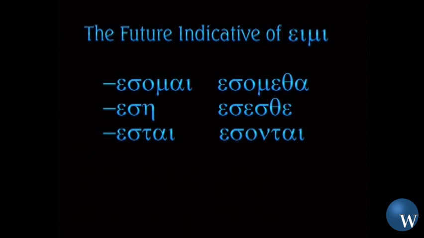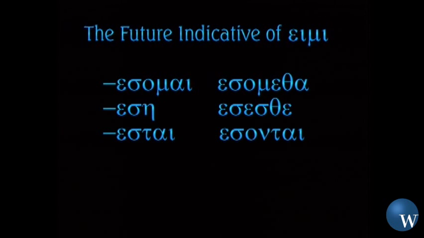Now, if you look at that carefully, and if you were to study this on page 85, you will remember that first person singular, esomai, is I will be. Esei, okay, and that should have the iota subscript. Remember we said we haven't been placing them on the screen, but there'll be an iota subscript under the eta. So esei, that will be you will be, and estai will be he will be.